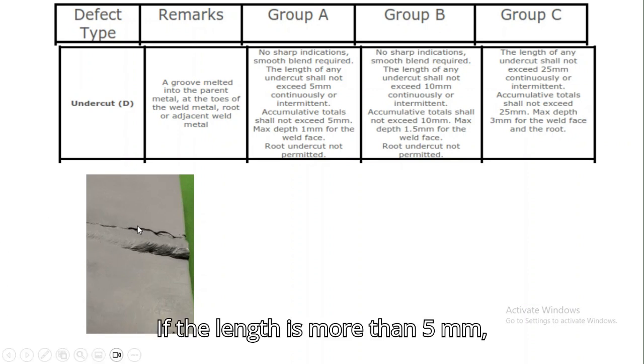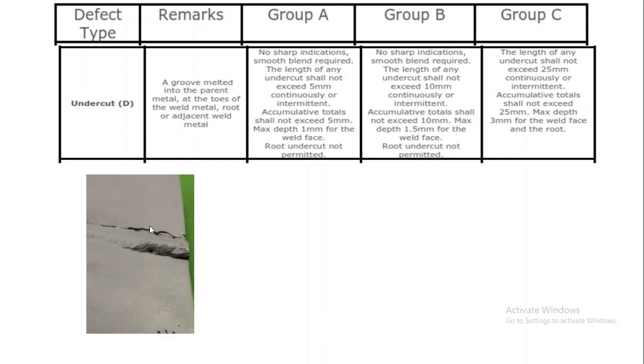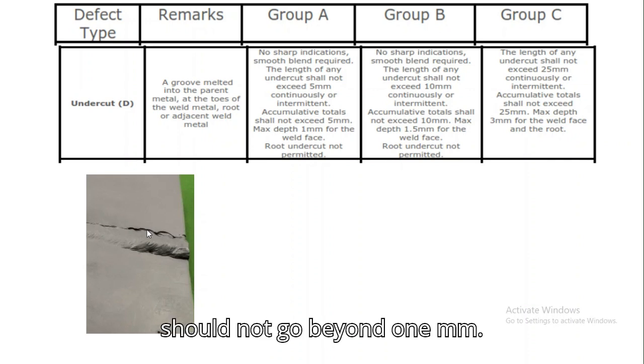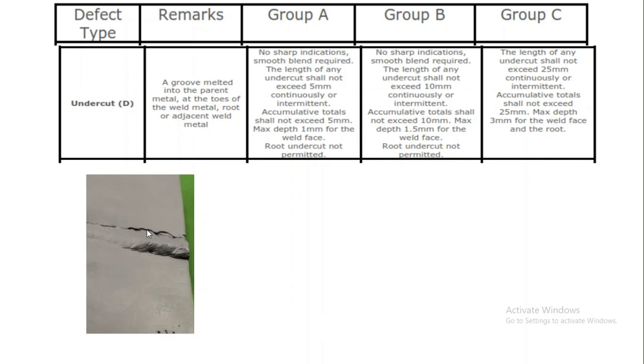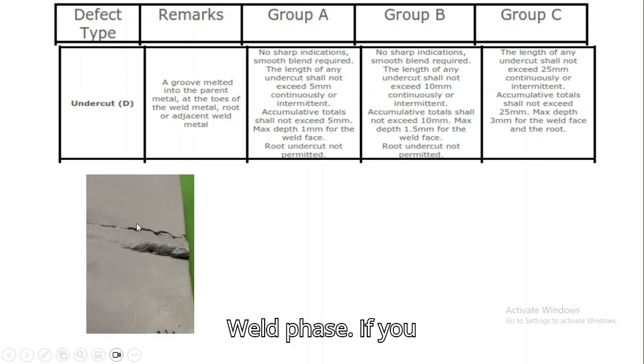If the length is more than 5 mm, either continuous or intermittent, it is rejected. And the depth also should not go beyond 1 mm. Only this is the criteria for the weld face.